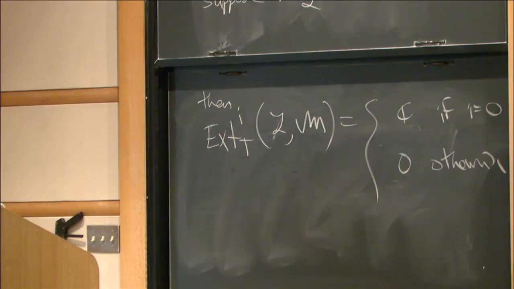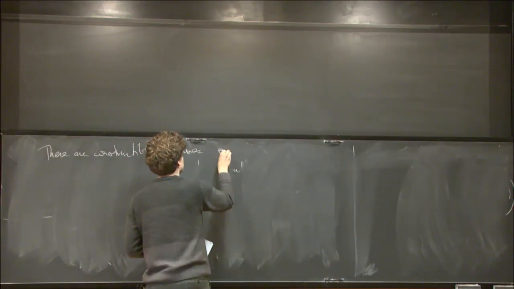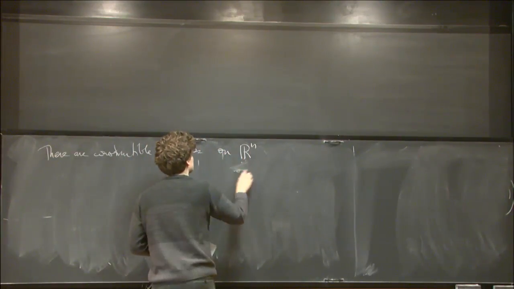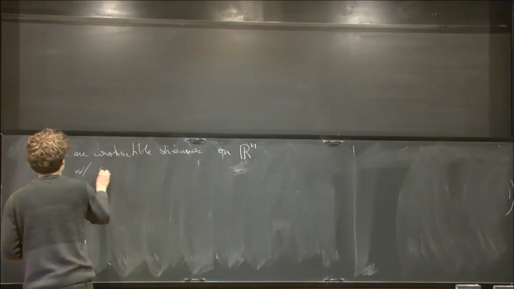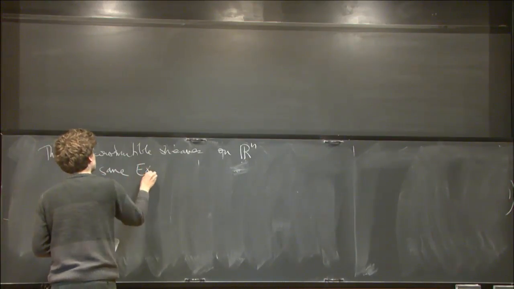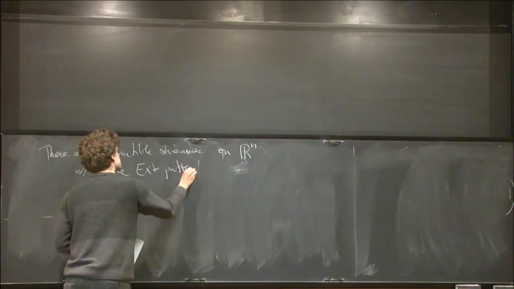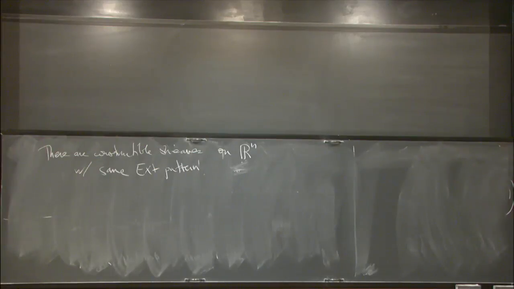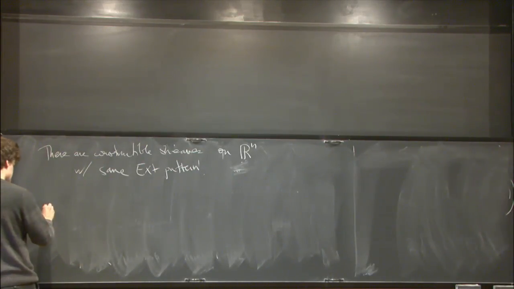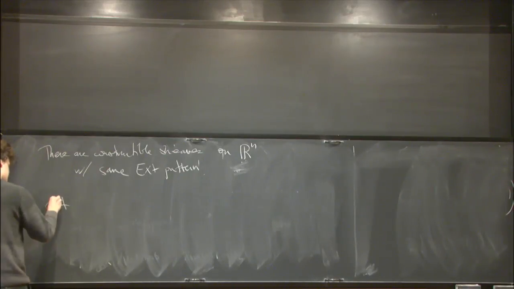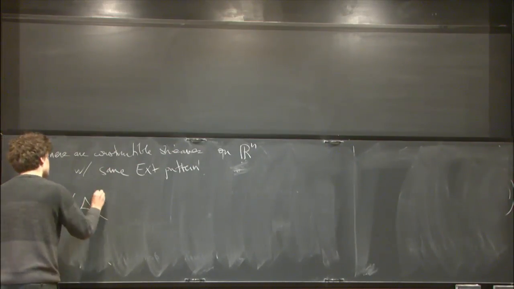There are constructible sheaves on Rn with the same Ext pattern. They're called costandard sheaves. So let me just write cost of delta.